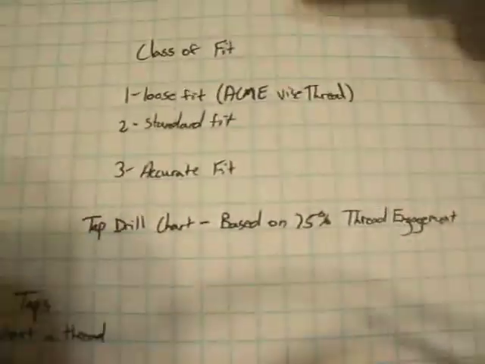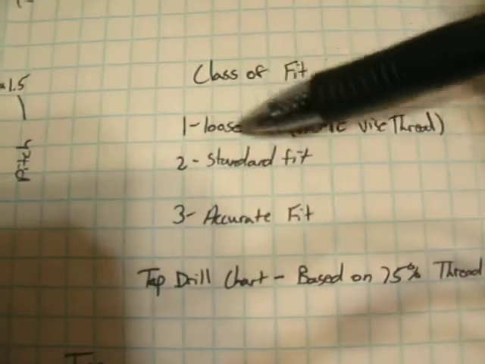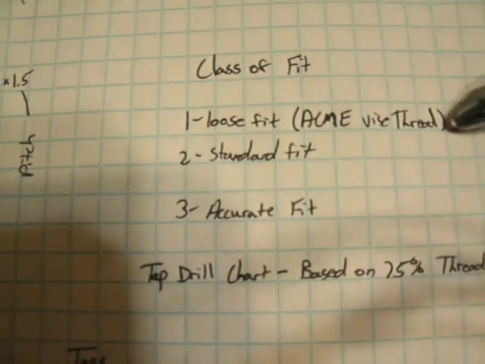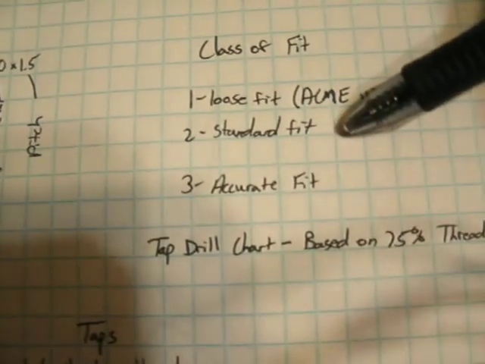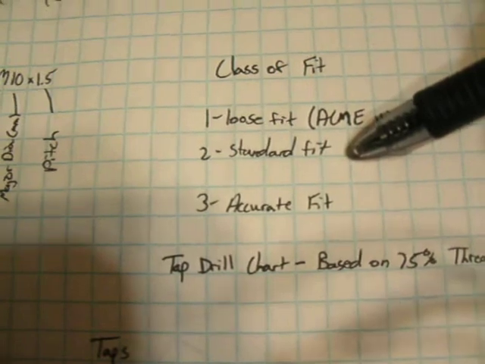We'll go down here and look at this. This is your class of fit. A 1 is going to be your loose fit. An example would be an Acme thread for a vice thread. It's pretty loose, with a lot of play in it. Most of your bolts and screws are your standard fit that you buy at the store.